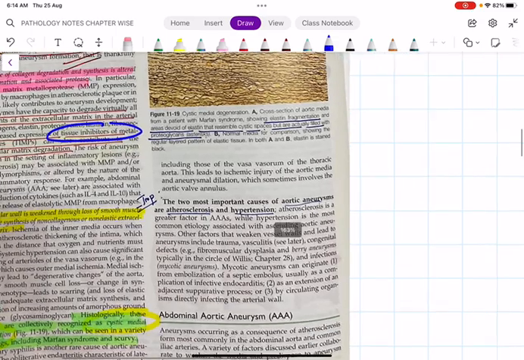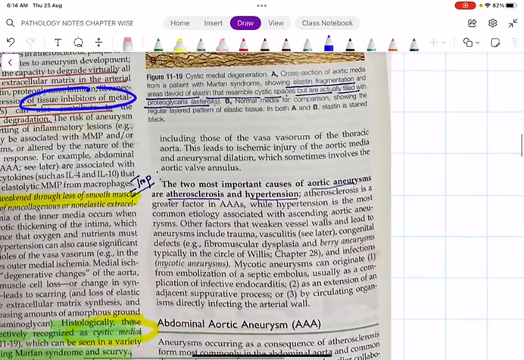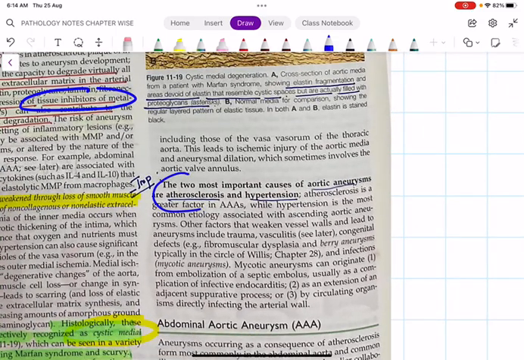Yes, okay. Then remember, the two most important causes of aortic aneurysm are atherosclerosis and hypertension. See, I told you that the circle of Willis is very rarely affected by atherosclerosis.